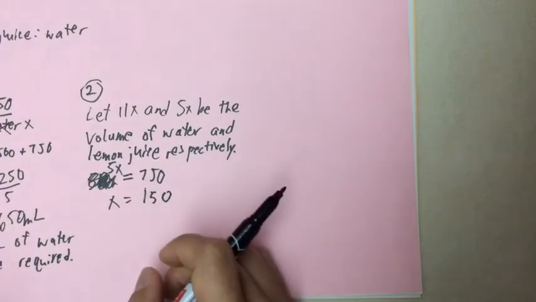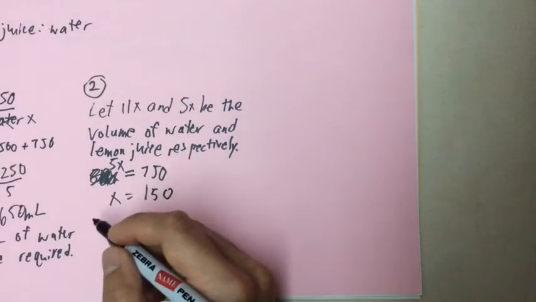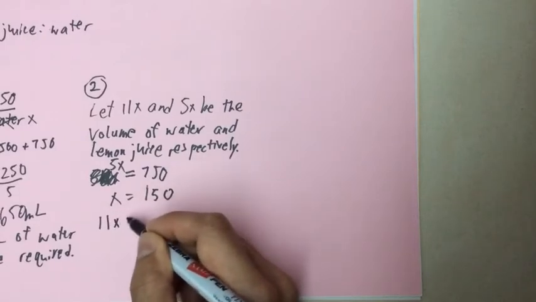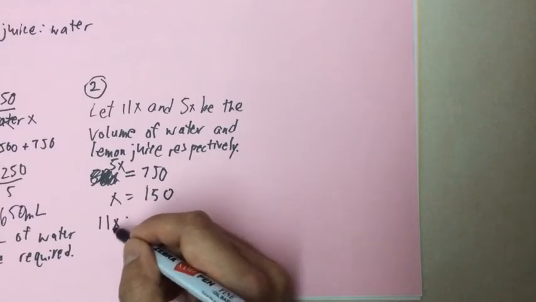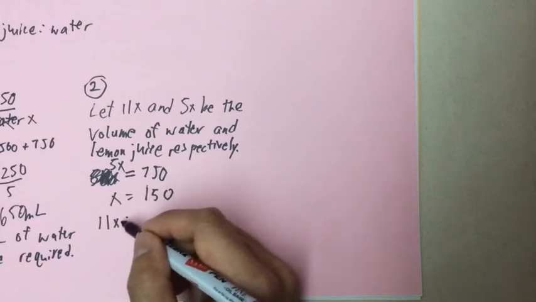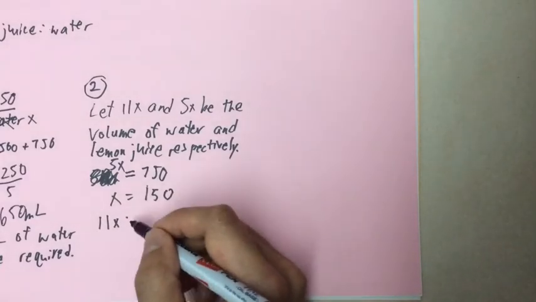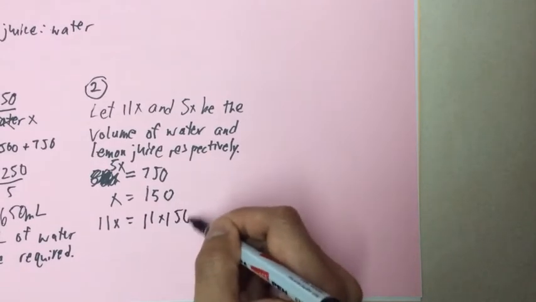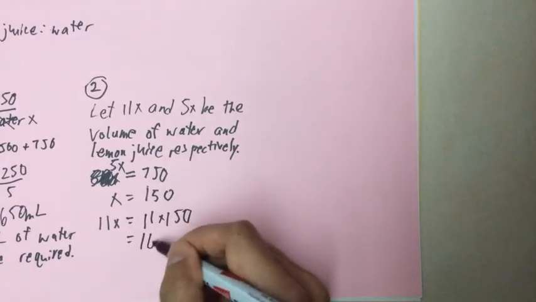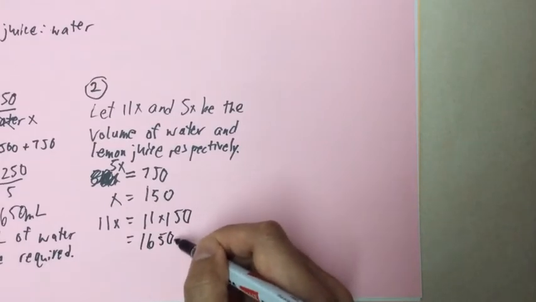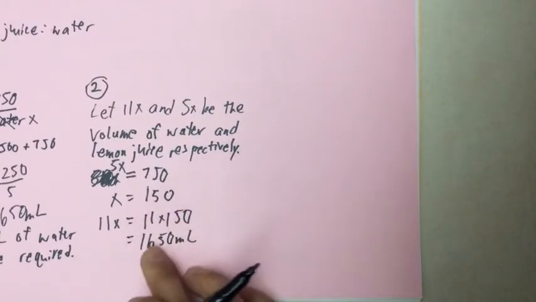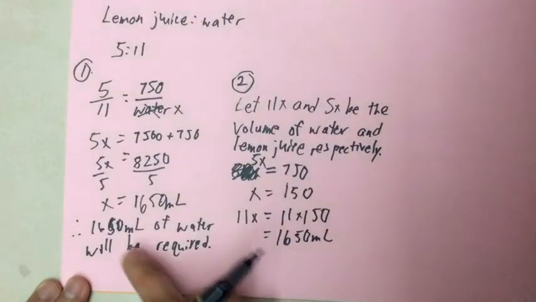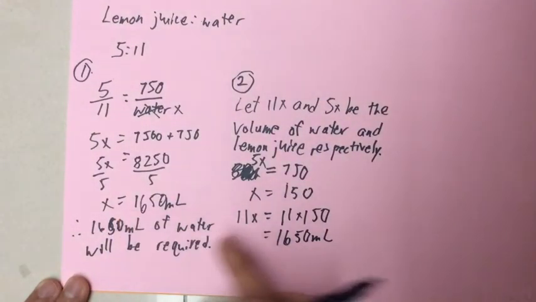Then we find the volume of water by finding what 11x is when x equals 150. So 11x equals 11 times 150, and that will give us 1,650 milliliters. So we see this method gives us the same answer as the previous method.